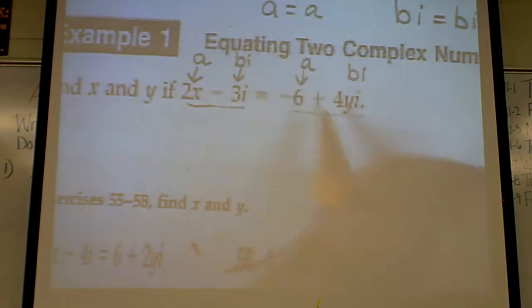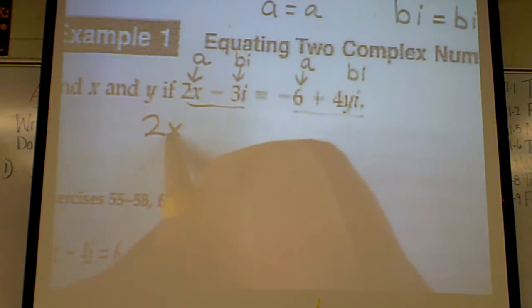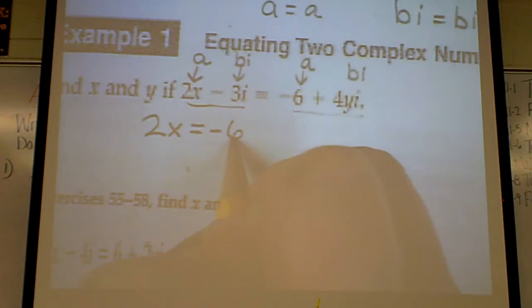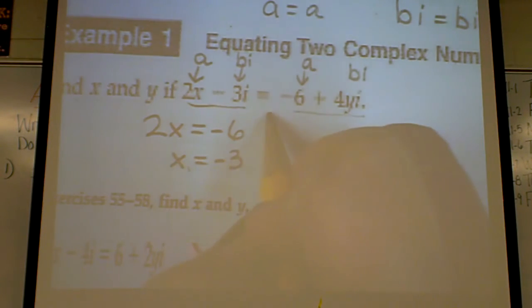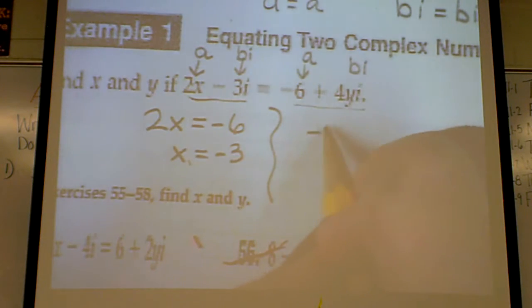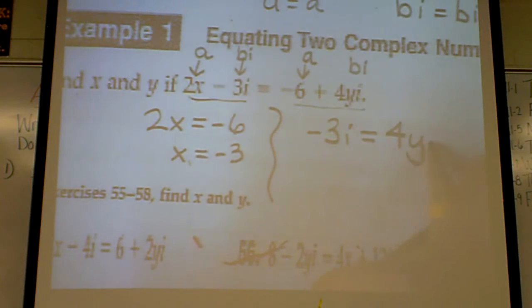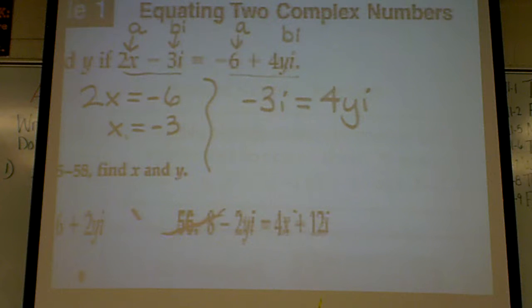Now, because they're both in standard form, what you're going to do is set a equal to a. So you're going to say 2x equals negative 6. What's x? Very good. Now we're going to set bi equal to bi. So negative 3i equals 4yi. Is everyone following me here? Very easy.